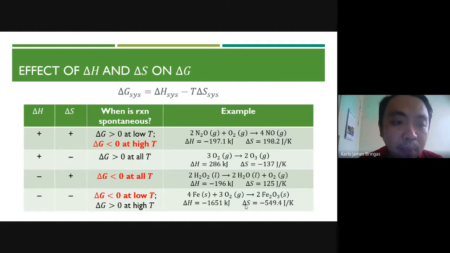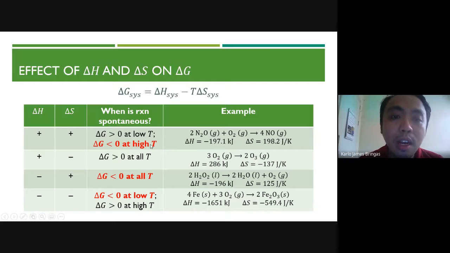Kung titingnan natin balik si case 1 and case 4, we see na if we change the temperature, our delta G flips over. In the case of case 1, from positive, pag high temperature, naging negative siya. In the case ng case 4 natin, if you increase the temperature, it flips over from being negative in sign to becoming positive.